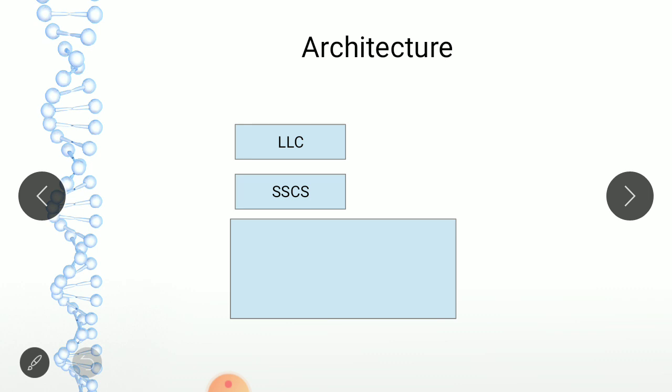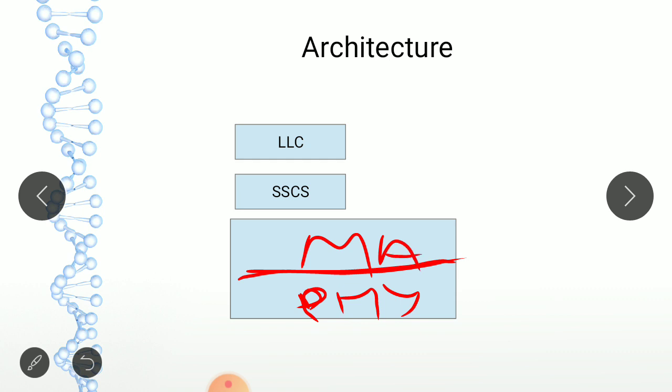Then we talk about the architecture. In the architecture there are only two basic layers: the PHY, which stands for physical layer, and the MAC layer.